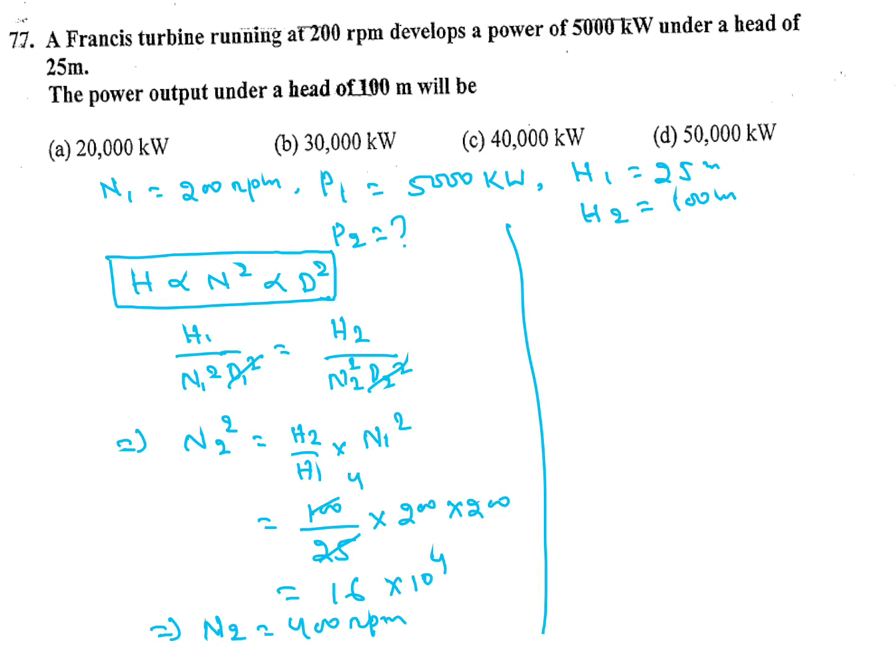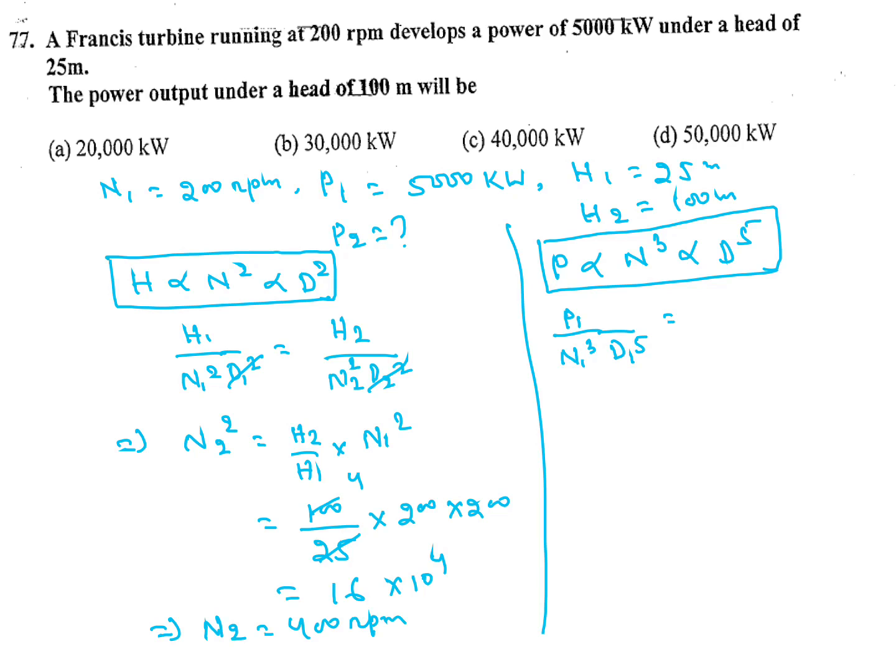We know power is proportional to N cube and proportional to D to the power 5. For power calculation we will use this one. So P1 by N1 cube into D1 to the power 5 equals P2 by N2 cube into D2 to the power 5. D is the same, so cancel. P2 is N2 by N1 whole cube into P1.